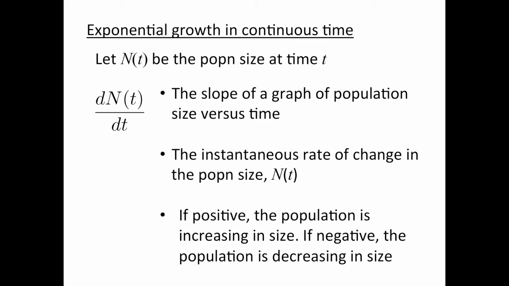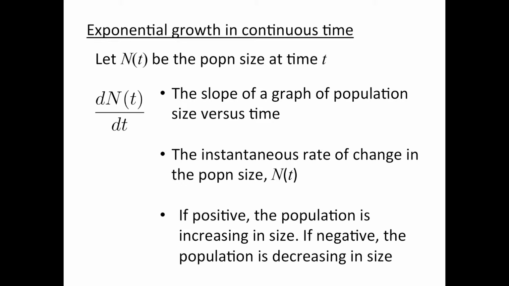You can also think of the derivative as being a rate of change, but rather than being a rate of change over a discrete time interval, it's instantaneous at a point. So it's an instantaneous rate of change. That's what that derivative is on the left.